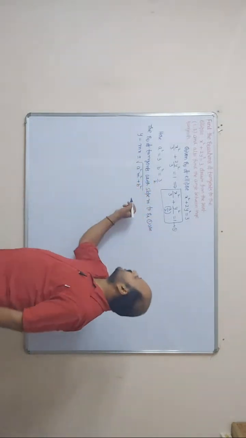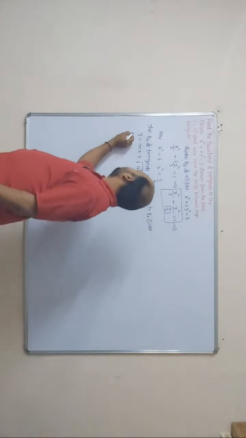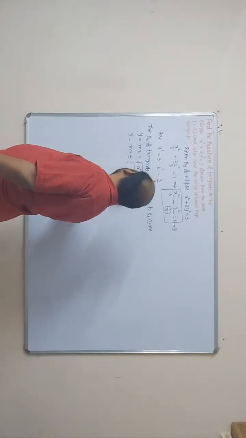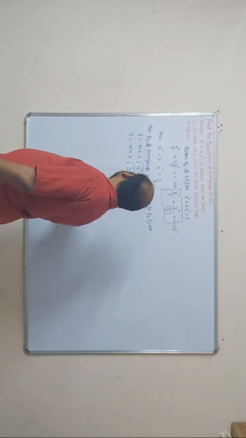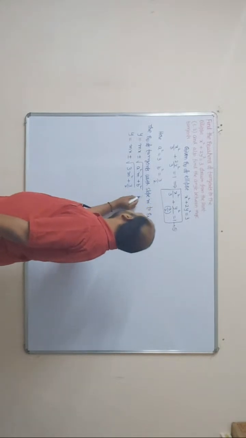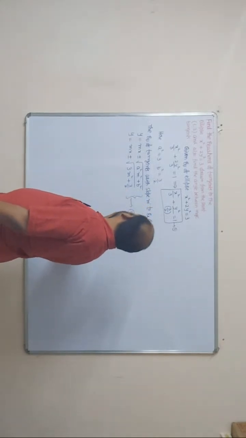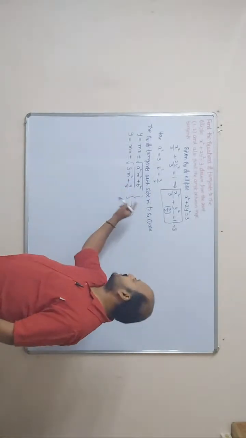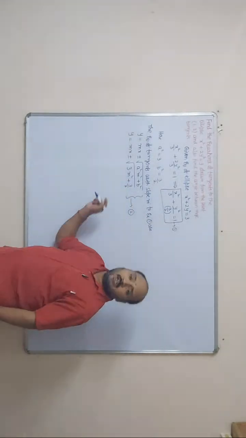In place of a square and b square, substitute. So y is equal to mx plus or minus root over a square value 3 m square plus b square value 3 by 2. Equation number 2. This is the equation of tangents with slope m to the equation of the ellipse.